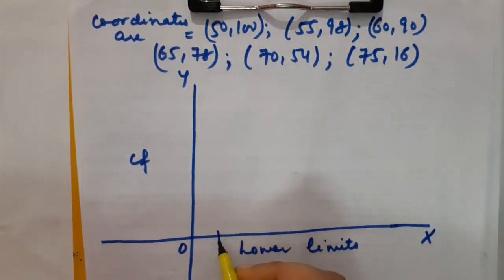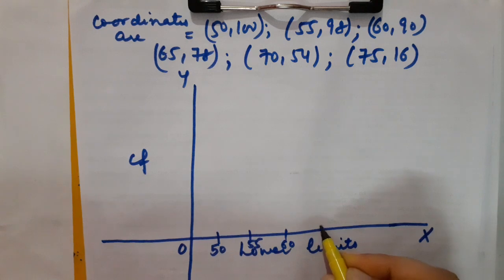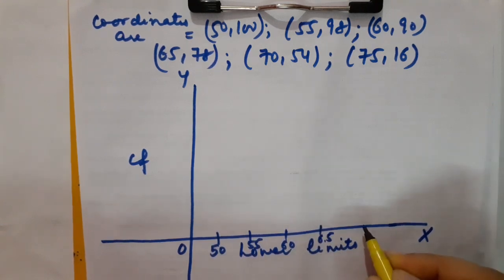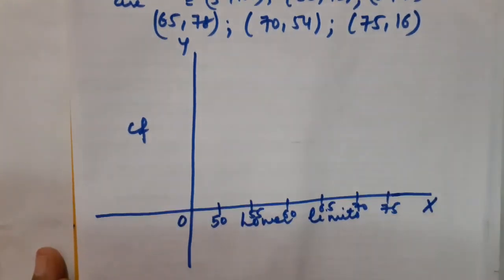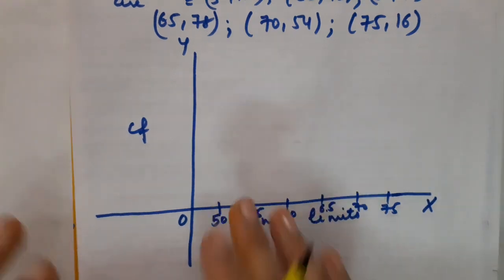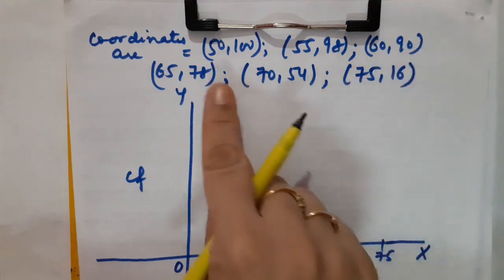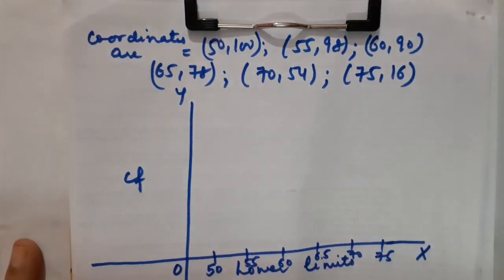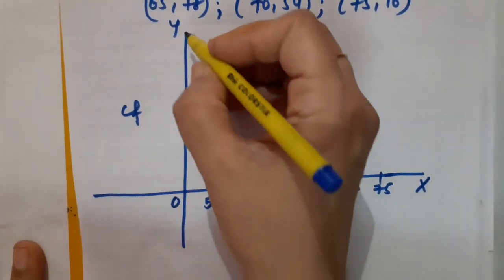So here I am writing 50, 55, 60, 65, 70, 75. Correct? Through this data of cumulative frequency, you can see 100, 98, 90, means a gap of 10, 10 will be comfortable, right? So let us take the gap of 10, 10.